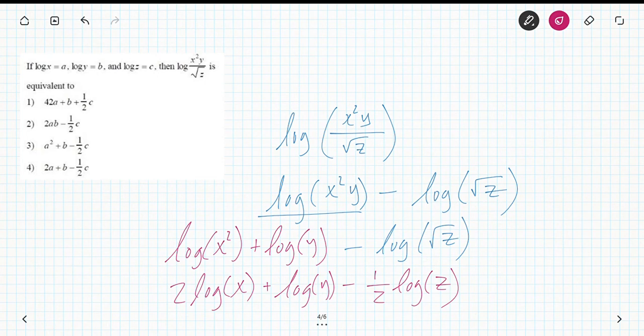Now why did I write 1/2? Because the exponent of that z is going to be 1/2, and so instead of rewriting it again, I just put it in the front.